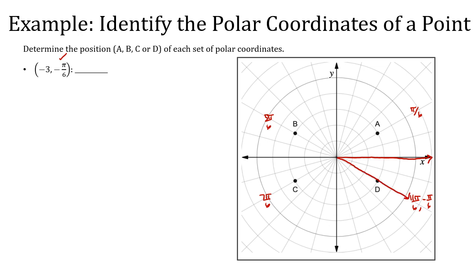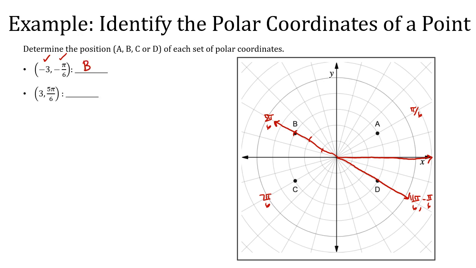But because our radius is negative, we're going to draw that directed line segment directly across and mark out 1 and 2 and 3. And so we can see that that angle measure of negative pi over 6 put us in the fourth quadrant, but because the radius is negative, it takes that fourth quadrant point and moves it directly across to the second quadrant at point B.